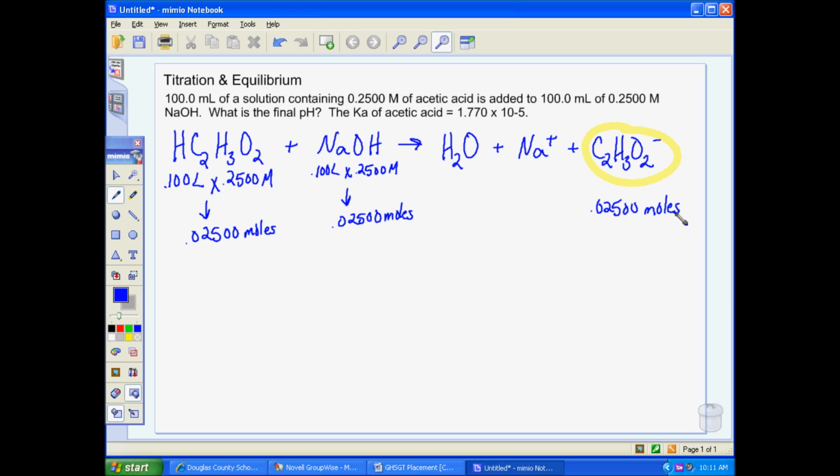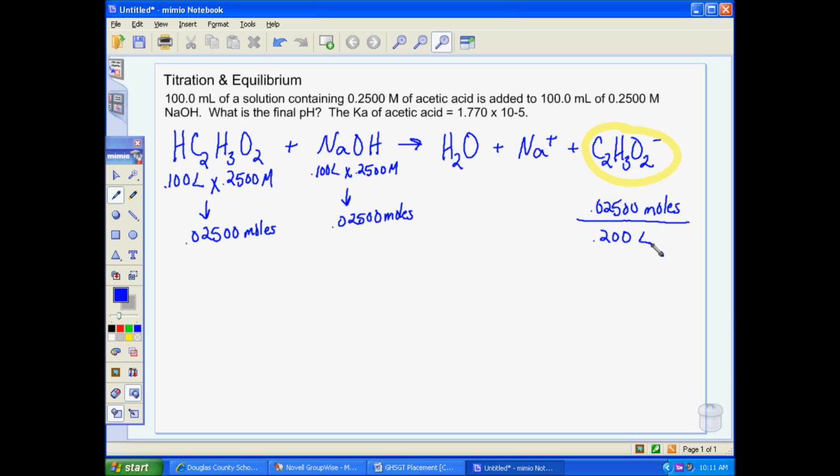Now, the important thing is to calculate the concentration of the acetate ion. Now that you know how many moles there are, you're going to simply divide that by the total volume, which is 0.200 liters.